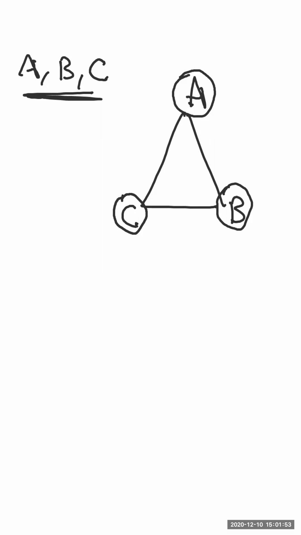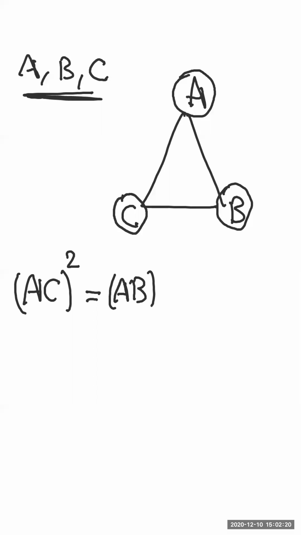The next point, if we want to know the type of this triangle according to the angles, we will compare with the longest side. We will consider that the longest one is AC. So if AC squared equals AB squared plus BC squared, this is the Pythagoras theorem.